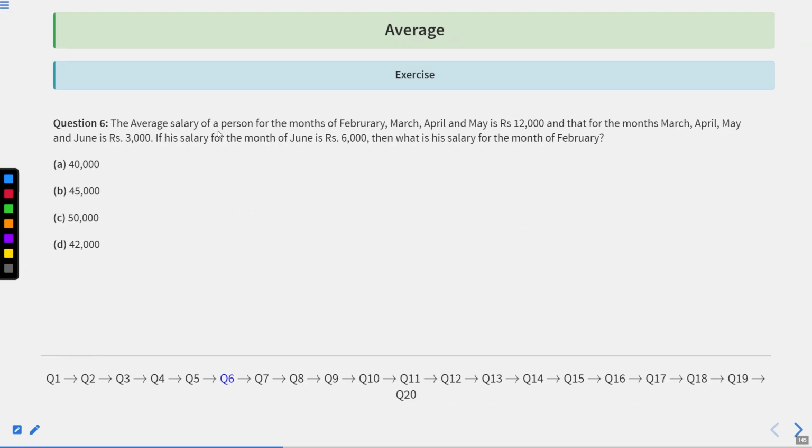The average salary of a person for the months of February, March, April, and May is 12,000, and that for the months of March, April, May, and June is 3,000. If his salary for the month of June is 6,000, then what is his salary for the month of February? So we have to find out the salary for the month of February.